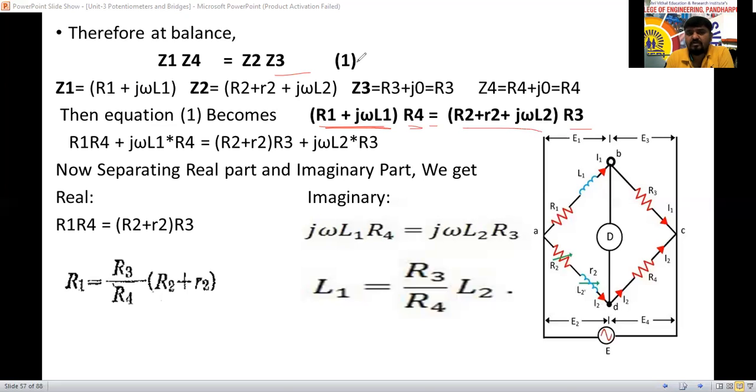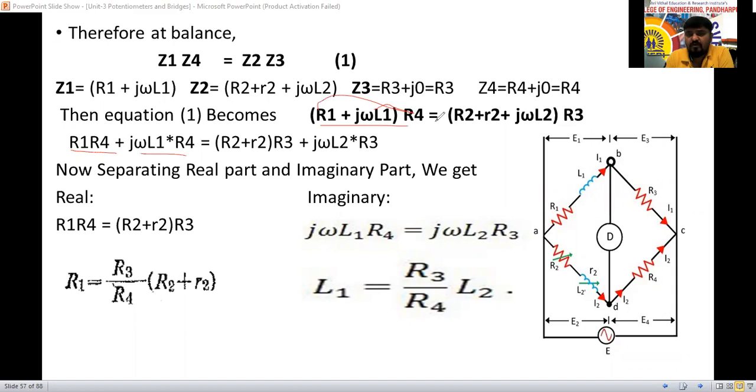Next what we have to do? We have to split the term here. R1 into R4, we can write R1 into R4, plus symbol, j omega L1 into R4. This R4 first you multiply here and plus symbol you multiply here. So I am splitting the equation.